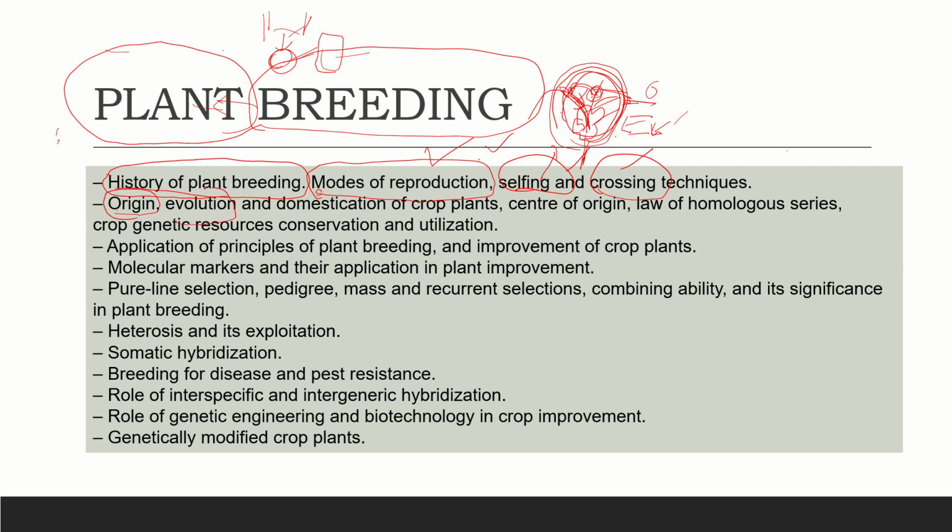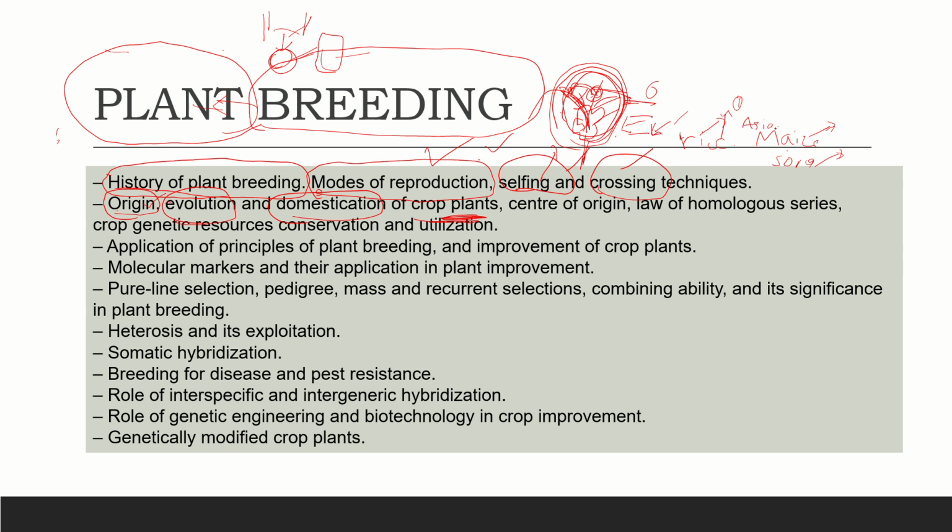And origin, evolution, domestication of crops. Whatever crops we eat now, like rice, each has an original habitat at one place. Maize is from Mexico, sorghum is from Africa, and rice is from Asia.